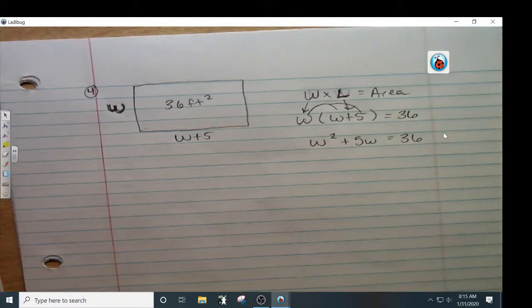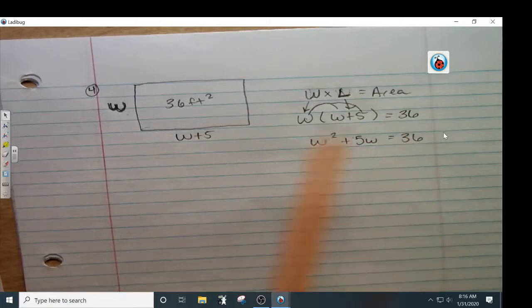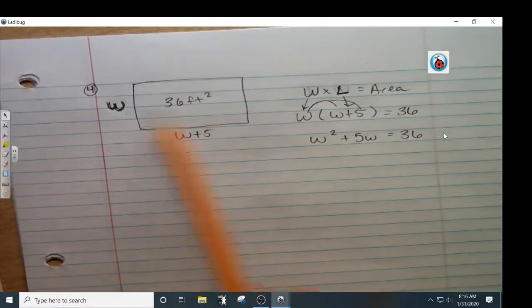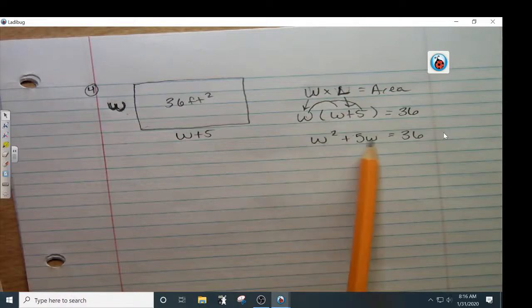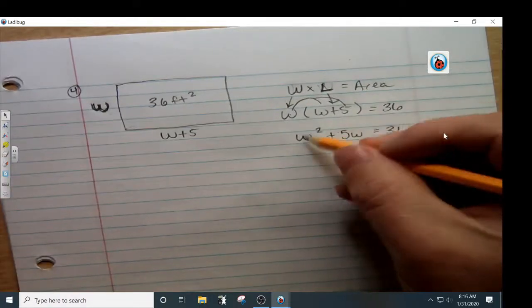Now, guys, what we're trying to do is get dimensions, okay? Remember, W is a dimension, that's the width. Anytime you're solving for X or W, this is called your independent variable. If you've never heard that before, that's what your X is called.